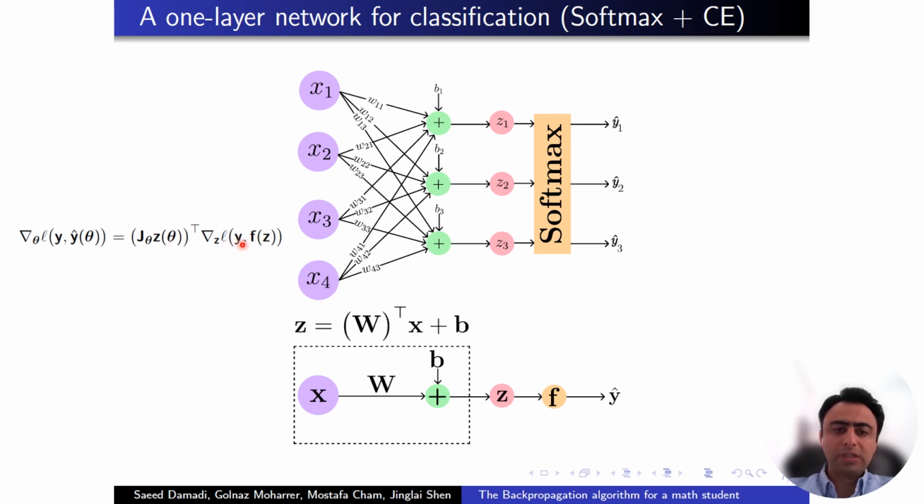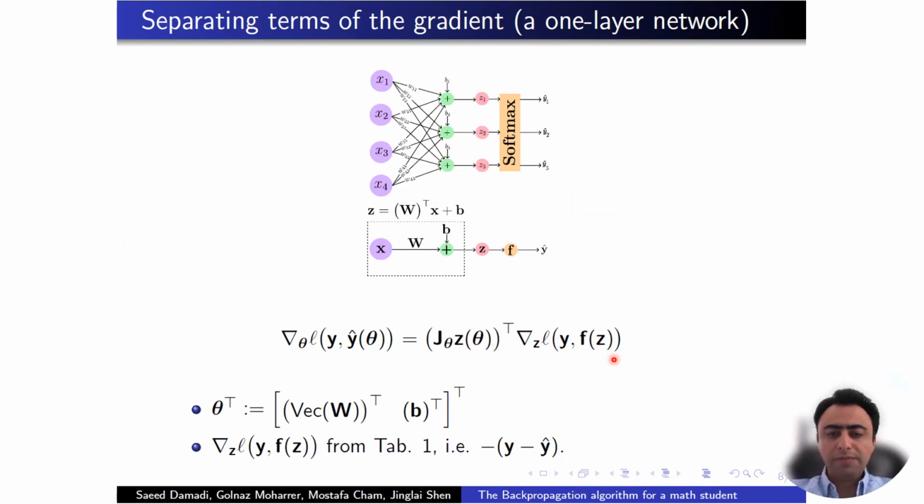The last one is the gradient of the loss function with respect to z, and the first one is the Jacobian. We'll see how we can use them in the next slides. Well, we first want to calculate this one, and this is super easy because we can convert to table 1 and find this one, because there is a softmax function here, and then we can just calculate this one.